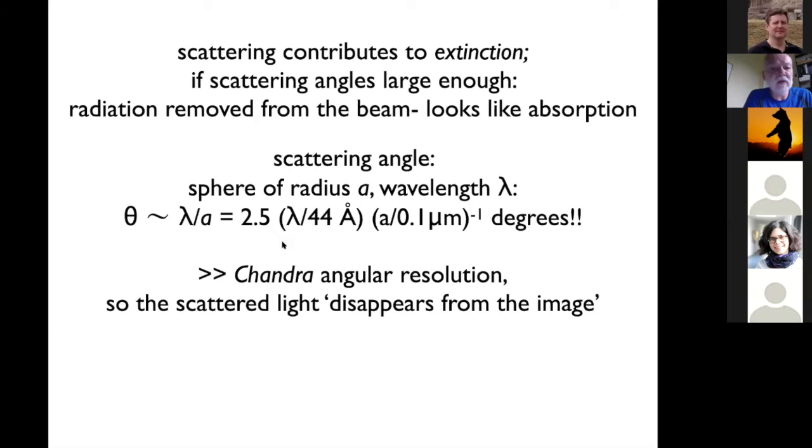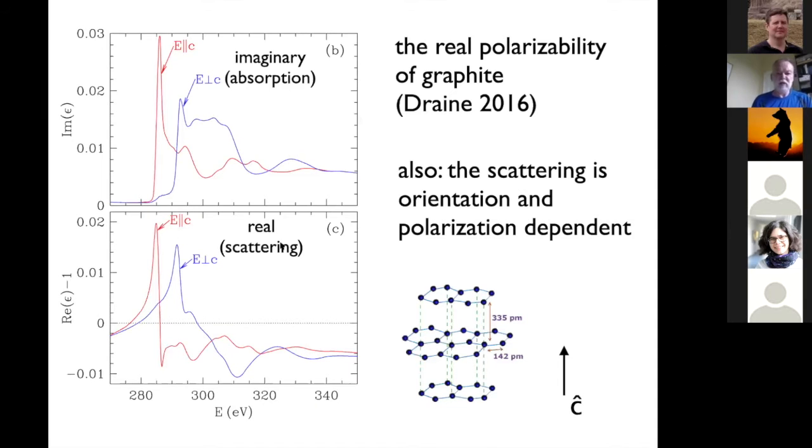So scattering angles for 44 angstroms off of particles of that size are of order degrees, meaning that once a photon scatters off of a dust particle, it will just be removed altogether from the consideration. Several degrees, of course, is much larger than the Chandra angular resolution, and these spectral images will simply show a dip in the region where the light has been scattered out of the image. It looks like absorption. And so we came to the following interpretation.